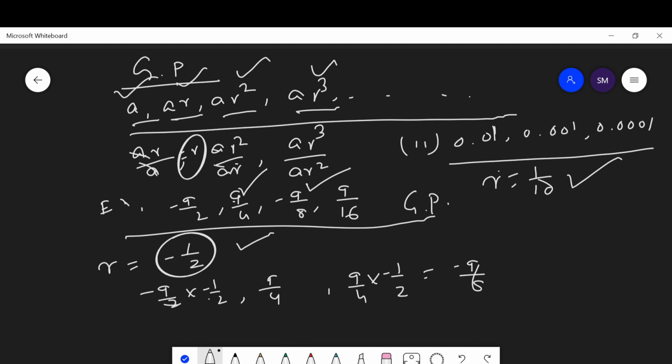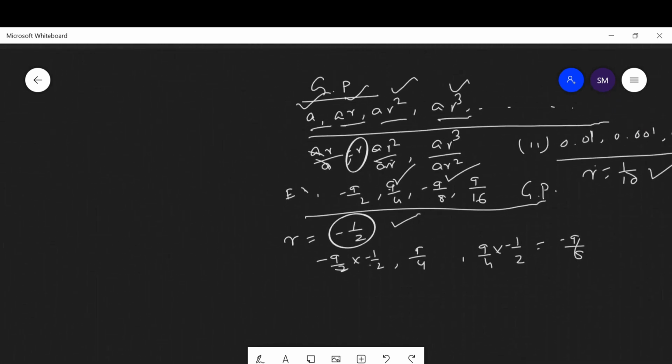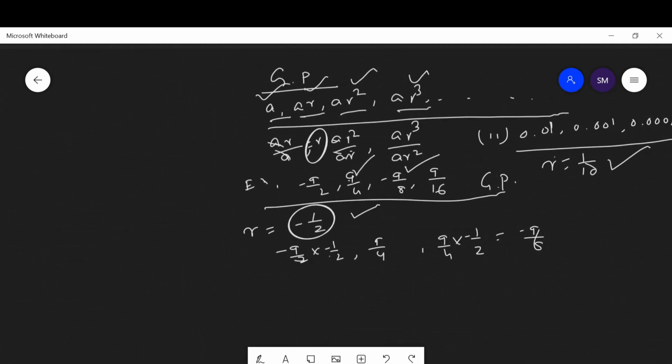The general term of GP, Tn, is equal to A into R to the power n minus 1.